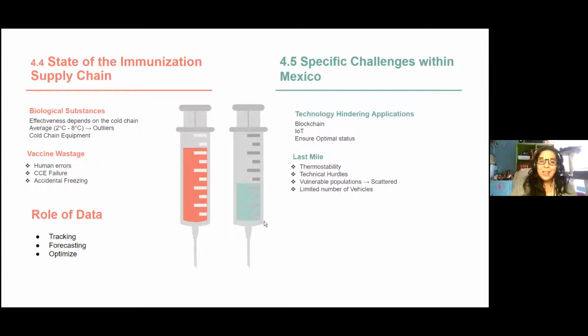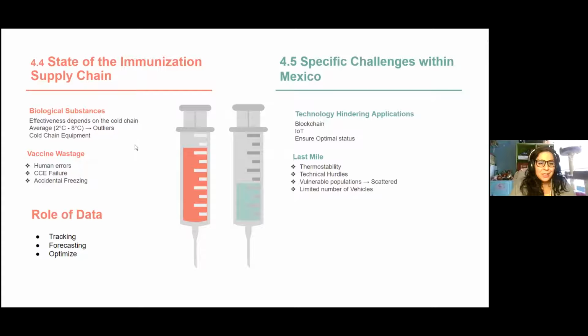So after looking at this, I would like to discuss the state of the immunization supply chain and why it's a whole supply chain on its own. And it's mainly because vaccines are biological substances, so their effectiveness depends on the supply chain. They have to maintain an average temperature, which is different, but most of them are between 2 and 8 Celsius.